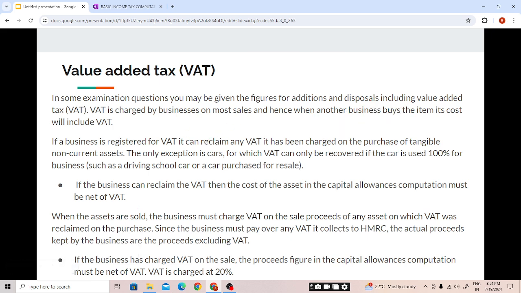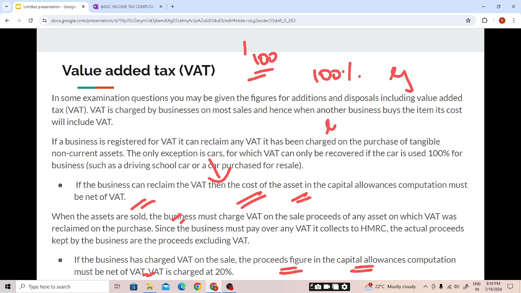If we are registered, we can claim. So we can use the cost of the asset in the capital allowance, that is net. And if a business can claim it, when we are selling it, the sale proceeds in the computation should be net. If we are not registered, we'll use the gross amount. Registered, net amount will be 100, that is 100%.